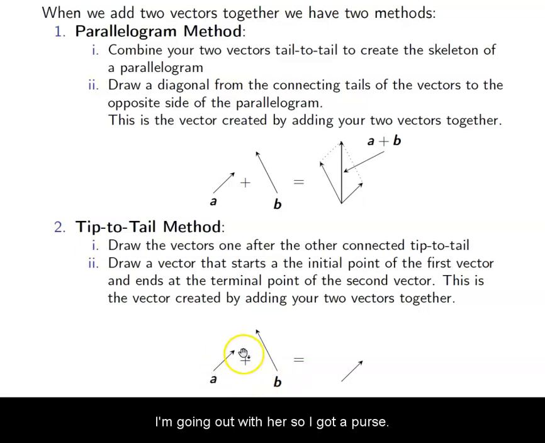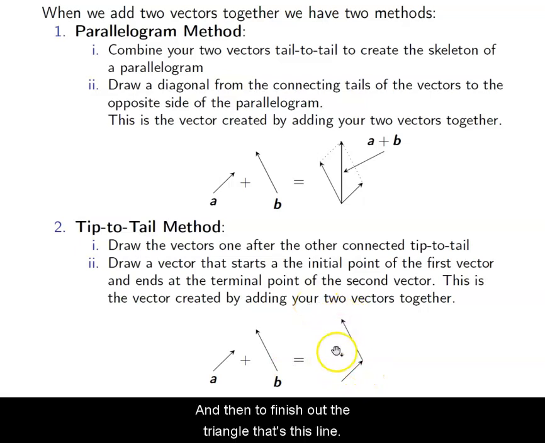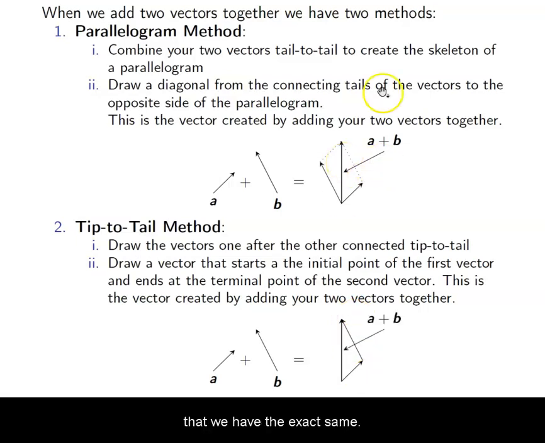So I got A first, and then I'll go B, and then to finish out the triangle, that's this line here. Okay. So if you notice, this is a straight line up and down, and this is a straight line up and down. I used the exact same vectors for both of these, and so it's apparent that we have the exact same sum. Okay, this vertical line here is the sum of our two vectors.